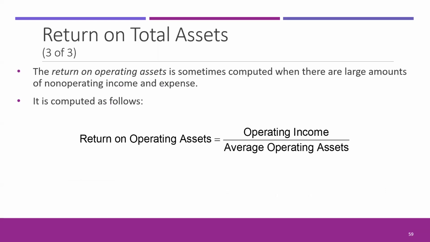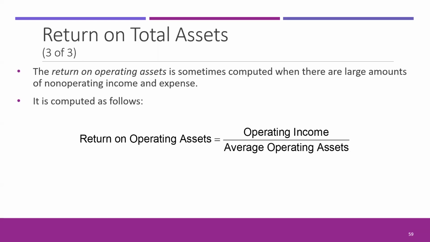There's also an additional metric, return on operating assets, and that's operating income divided by average operating assets. Once again, we had the sales turnover metric, which was total sales divided by total assets less long-term investments.